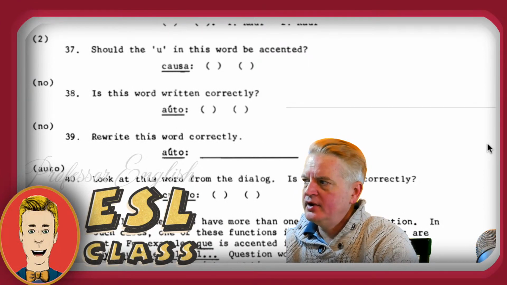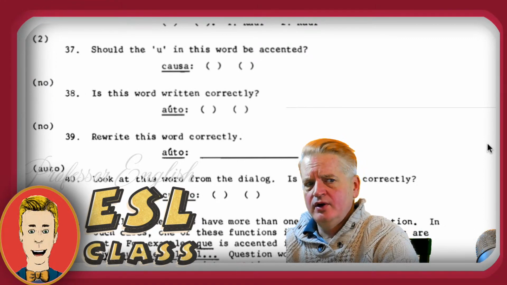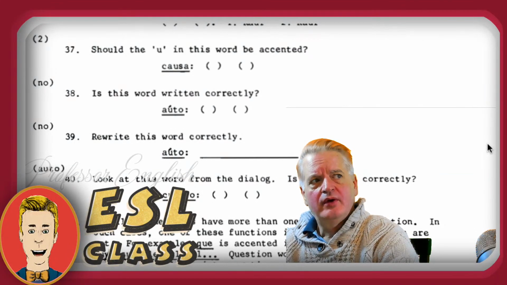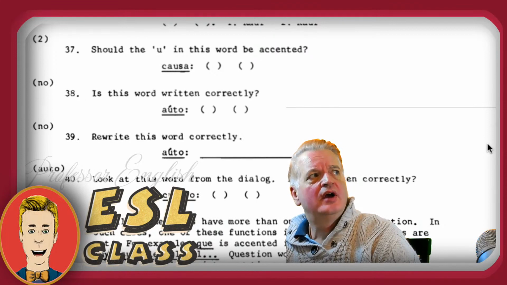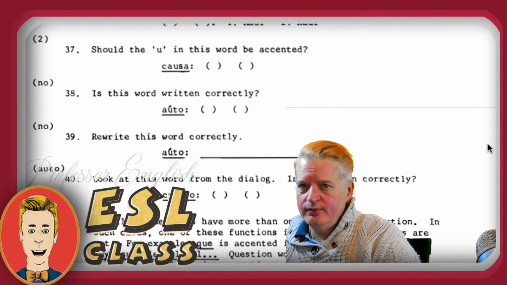Number 38. Is this word written correctly? Auto. Let's see. Is that an accented U? I think so.